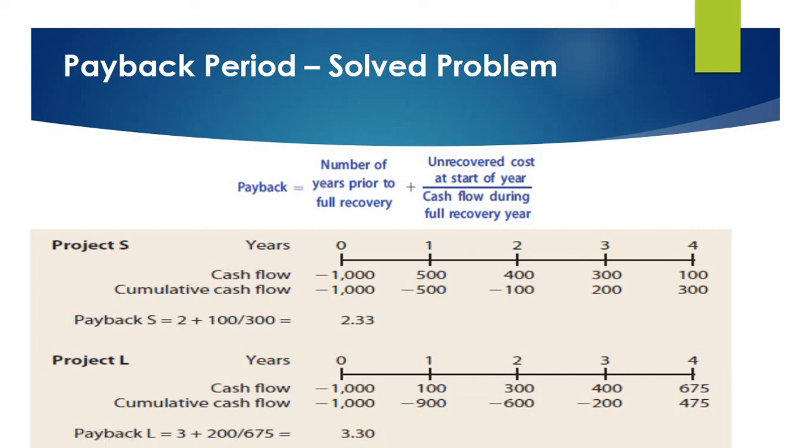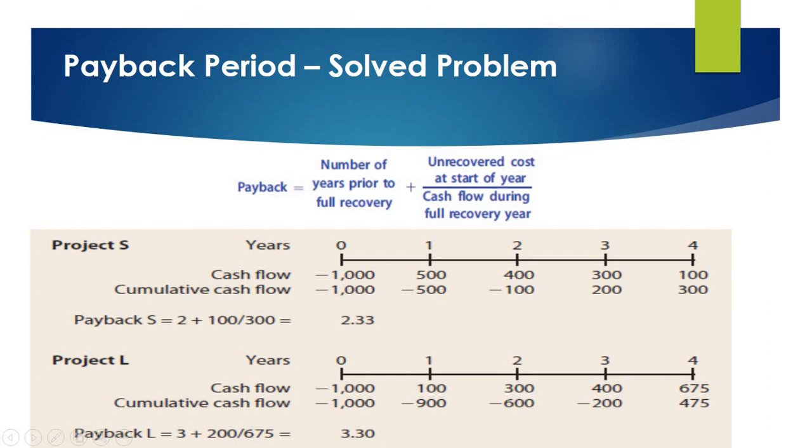So once again, if the maximum acceptable payback period for both projects is 3 years, Project S will be accepted because its payback period is less than 3 years, and Project L will be rejected because its payback period is more than 3 years.